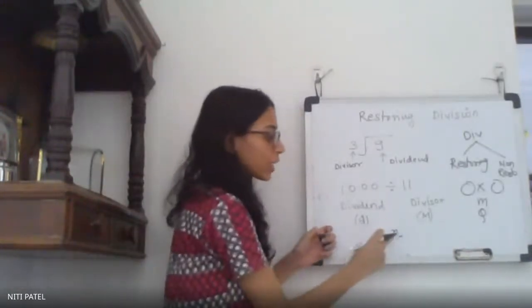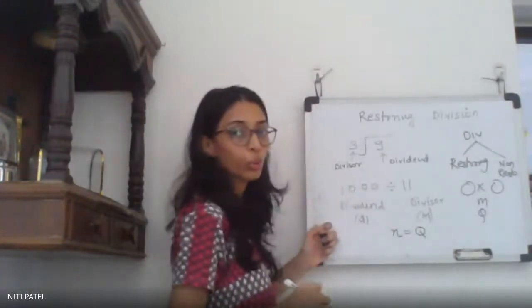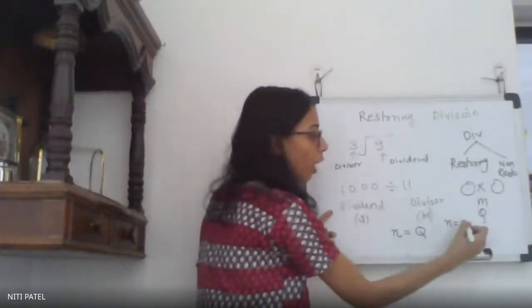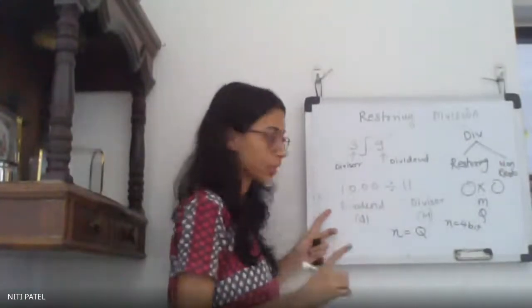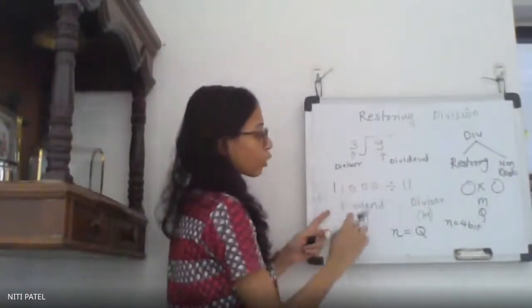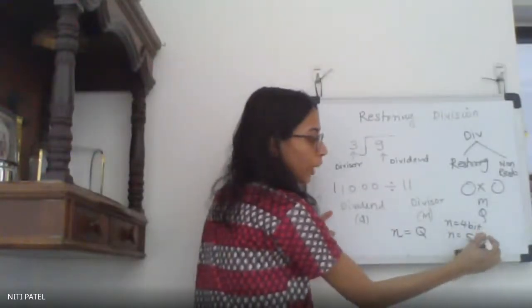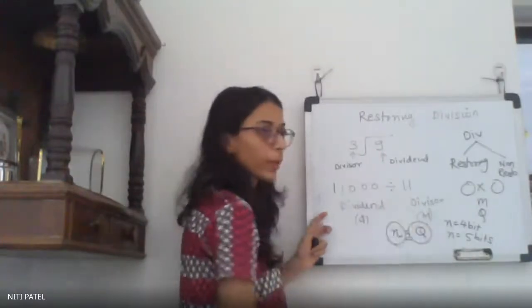But here we consider the number of bits of Q. So if in Q I have 4 bits, my n will be 4 bits, that is, the register size will be 4 bits. If Q is 5 bits, my n will become 5 bits. So my n is nothing but the total number of bits in Q.